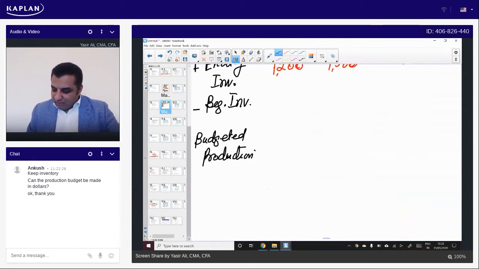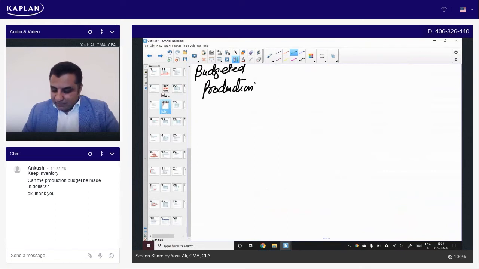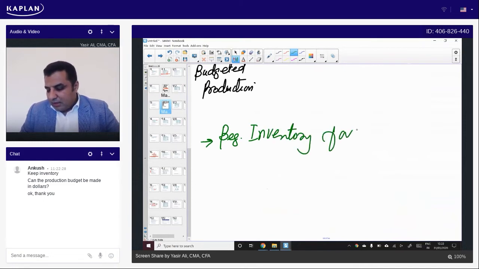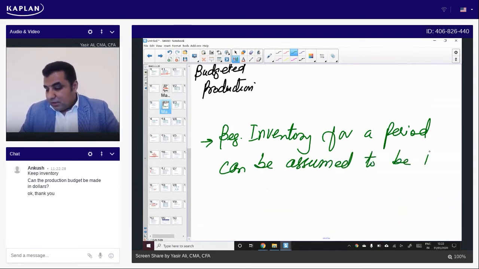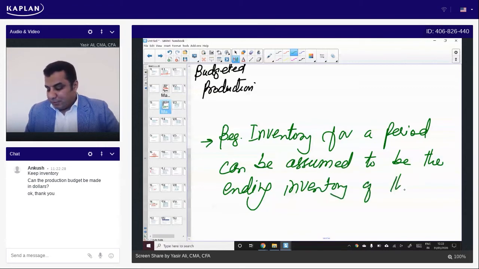So let me write here this important insight: the rule is that beginning inventory for a period can be assumed to be the ending inventory of the previous period.